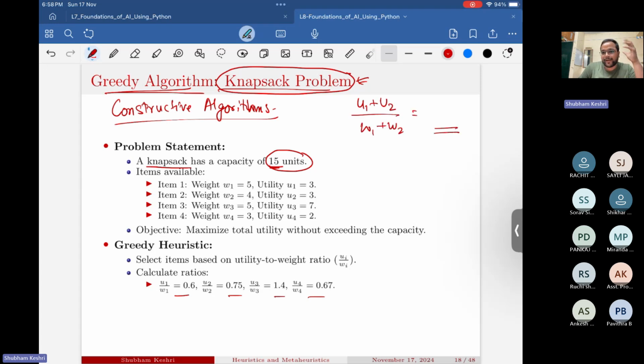This will also give you one factor, the utility per unit weight of combined objects 1 and 2. These kinds of things we are neglecting in these algorithms, and this can go on and on. You can have two objects combined, three objects combined, four objects combined, and many more combinations like this. So I guess I have made it clear, right?